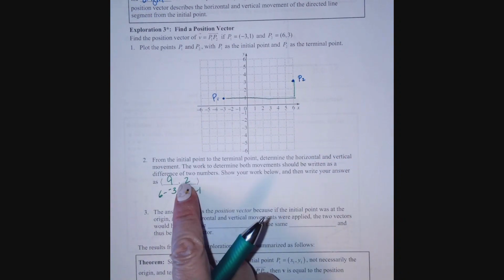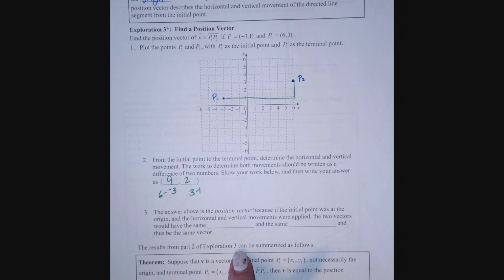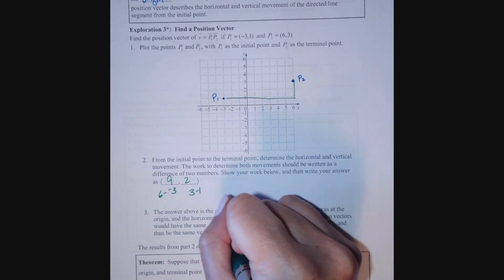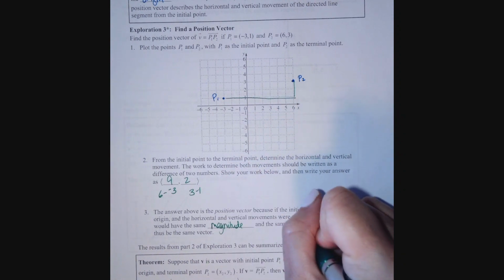This answer is the position vector, because if the initial point was at the origin, and we applied the horizontal and vertical movements, the two vectors would have the same magnitude and direction.